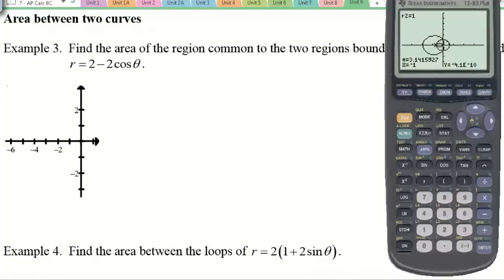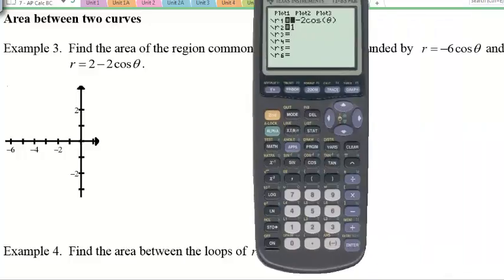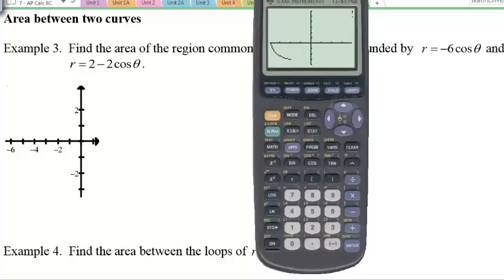Let's graph out those two curves. What are they? Negative 6 cos theta. And once again, when you graph, it's important to see how the curve is actually created. And 2 minus 2 cos theta. Here we go! Graph. Here is negative 6 cos theta.